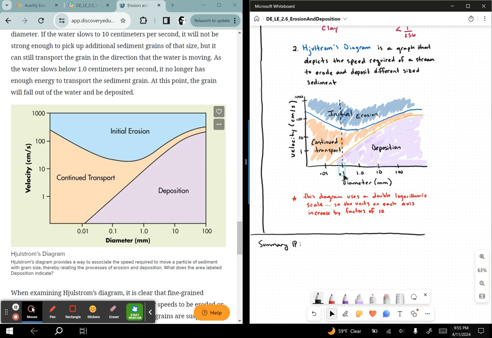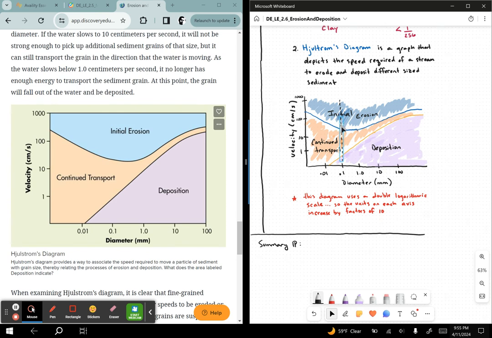Well, let's take a look at something that is 0.1 millimeters in size. Let's imagine that you have a piece of sediment that's 0.1 millimeters in size. Well, if you take this dotted line, and my drawing isn't exactly perfect, but I think you get the idea. If your water speed is over 100 centimeters per second, the river is going to be able to pick that piece of sediment and move it.